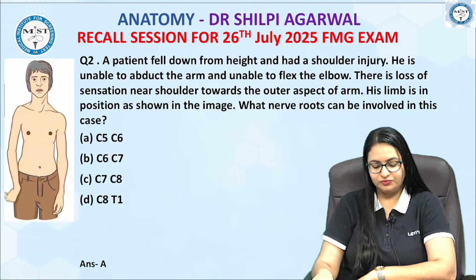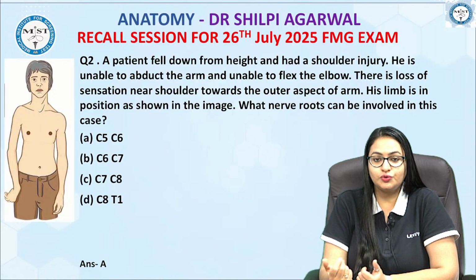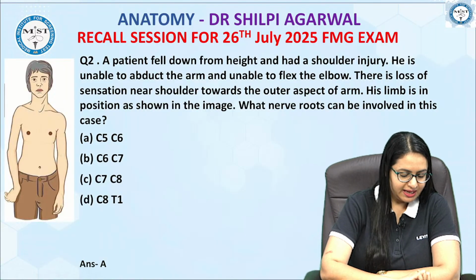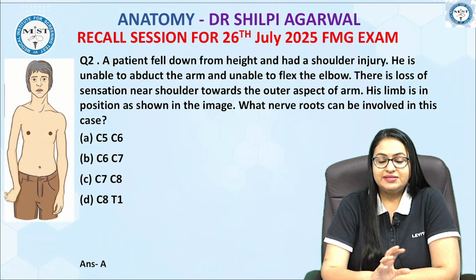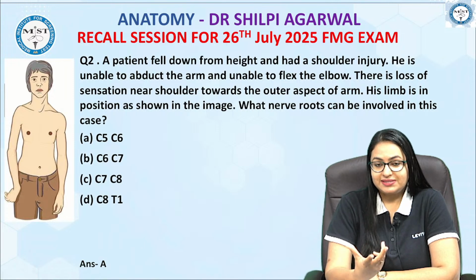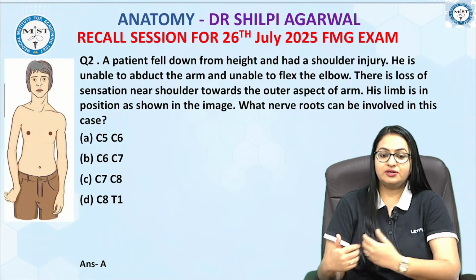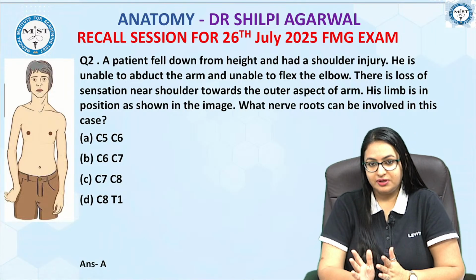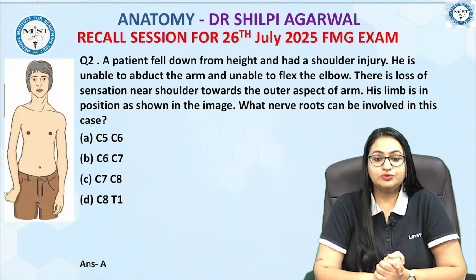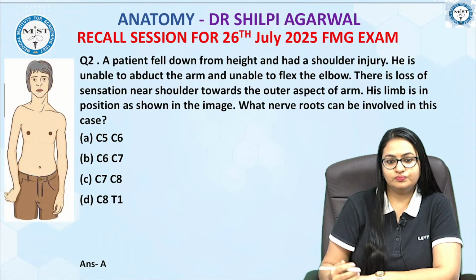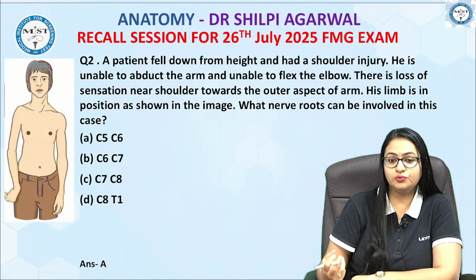One more question was there, on Erb's palsy. The image given was self-explanatory: the waiter's tip deformity. The question was that a patient fell from some height and had an injury towards the shoulder.